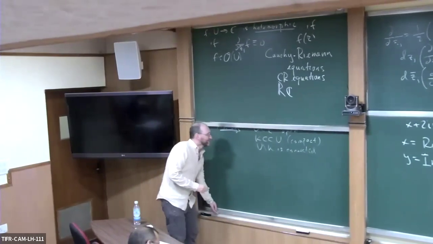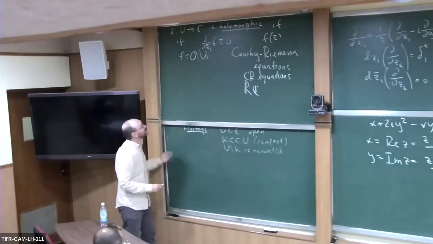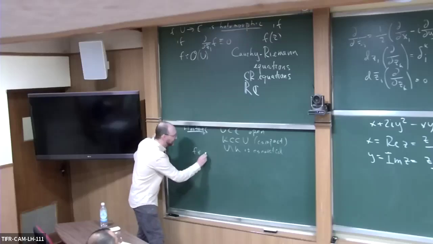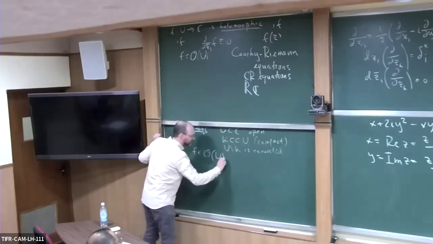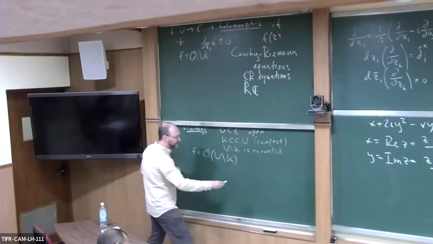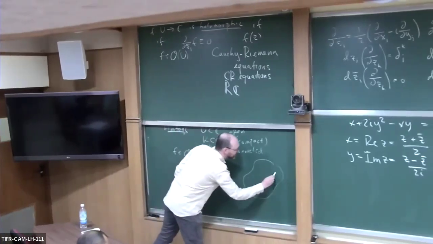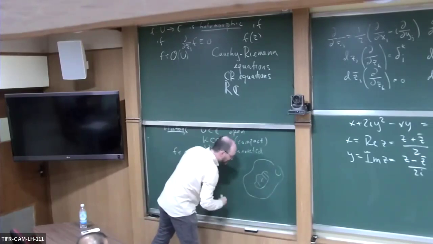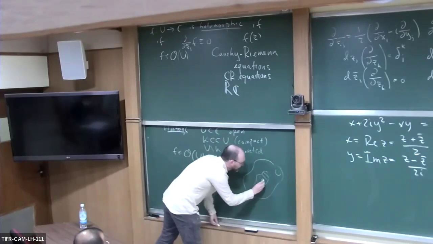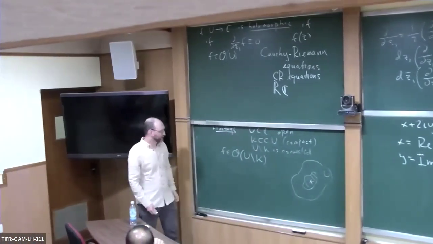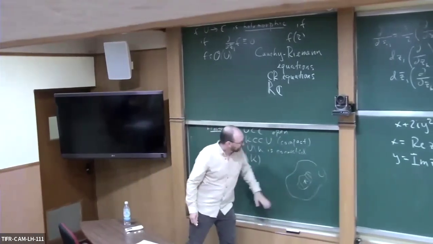And let's suppose that f is holomorphic on U minus K. So the picture is I have U somewhere here, I have K, so I'm making a hole in U, and f is just defined out here.